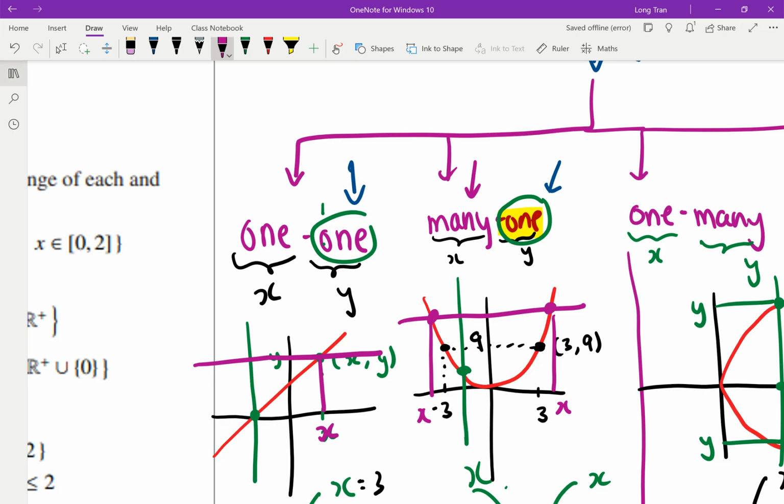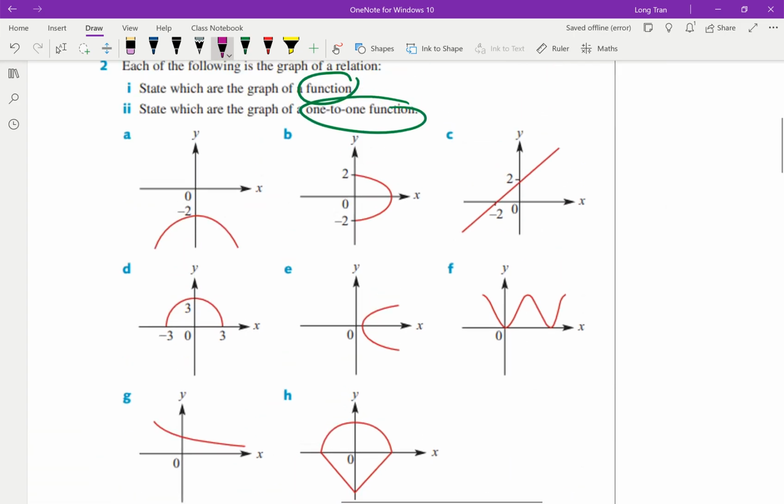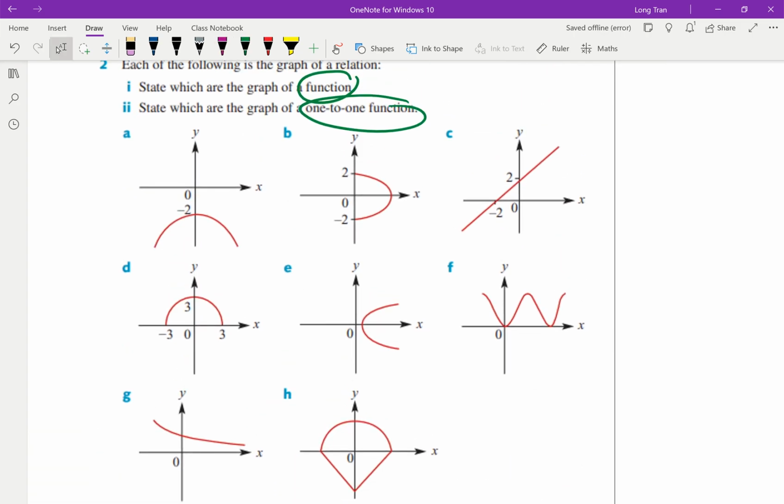So if I go back to 5D to help you understand it, here we go. They asked, is it a one-to-one function? If I drew a horizontal line test, we can see there is an x value corresponding to one y value there, but then there's also another point over here where I get the same y value. This is a many to one, not a one-to-one.